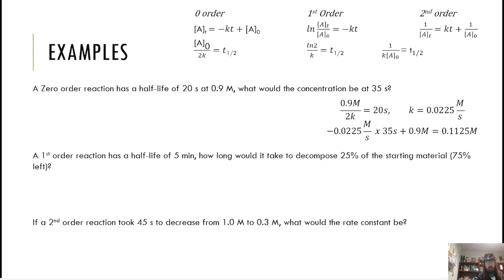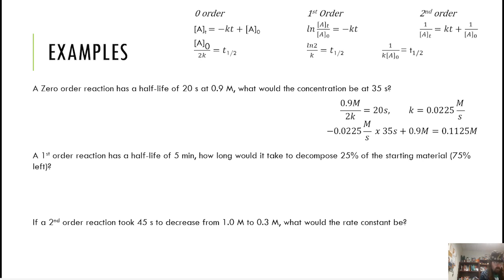And with that in mind, first order reaction, a half-life, better write the equation right this time, half-life of 5 minutes. T1/2 of 5 minutes. How long would it take to decay 25% of the starting material? So we want a sub t to be 75% of a sub 0.